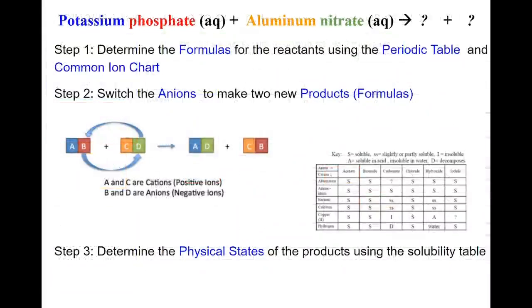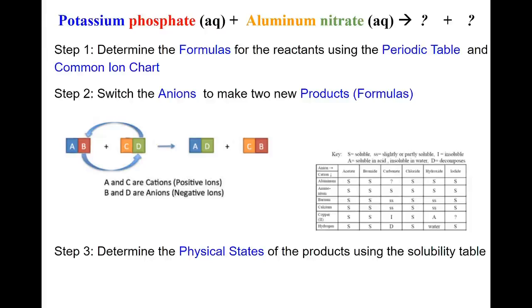On slide 5, I have my example problem and the 3 steps you need to solve any double replacement reaction problem. So step 1, you need to determine the formulas for your reactants using your periodic table and your common ion chart. You need to look up their ion symbols and their charges. Next, once you know which ions you have, so what 4 ions are you working with, you need to make your new products.